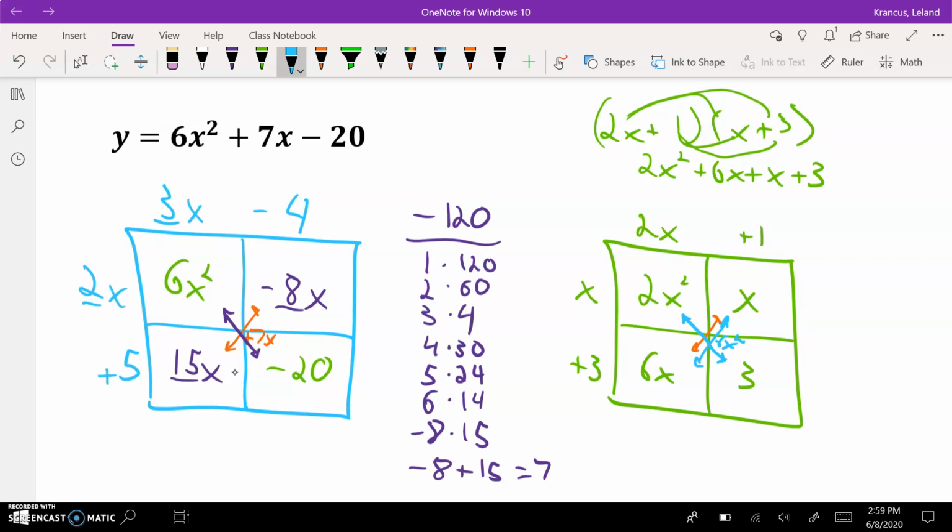Sometimes there's some fine tuning if you make a slip at one of those steps. So we have a factored form equation now of 3x minus 4 times 2x plus 5. And you can always double check it by doing FOIL and making sure that you end up with the original 6x squared plus 7x minus 20.